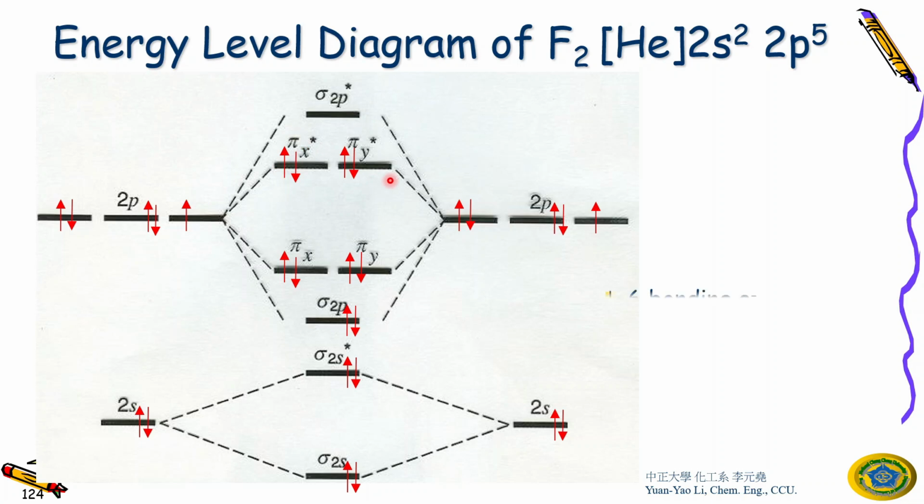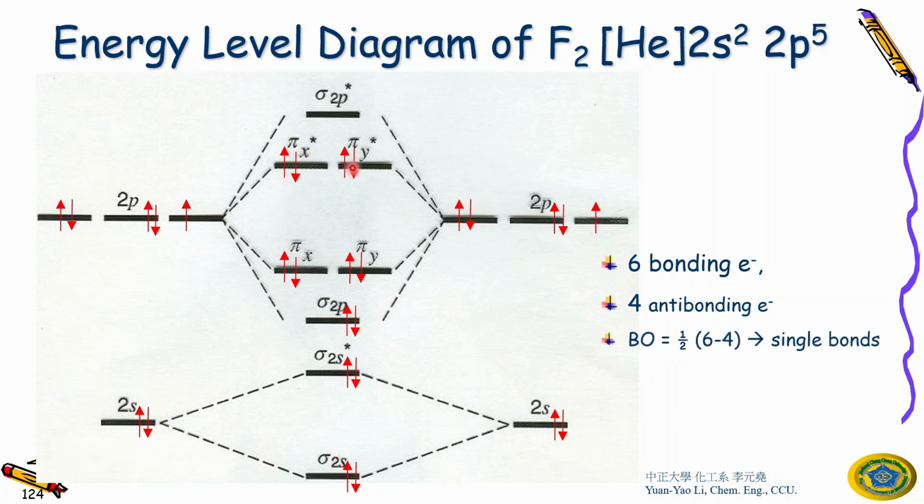The bond order will be, so 6 bonding electrons, and then 4 anti-bonding electrons. So the bond order is 6 minus 4, divided by 2, that will be 1. So the bond energy is about 160 kilojoule per mole, which is less than the double bond. The energy of a single bond is less than a double bond, right?